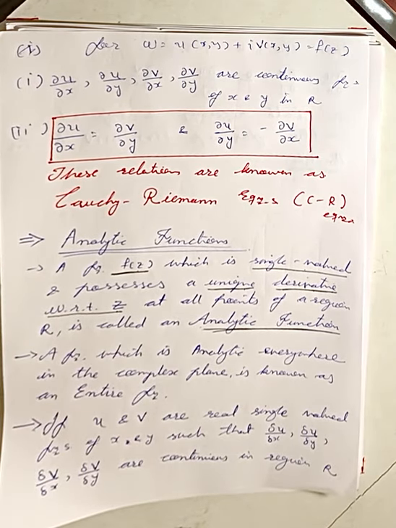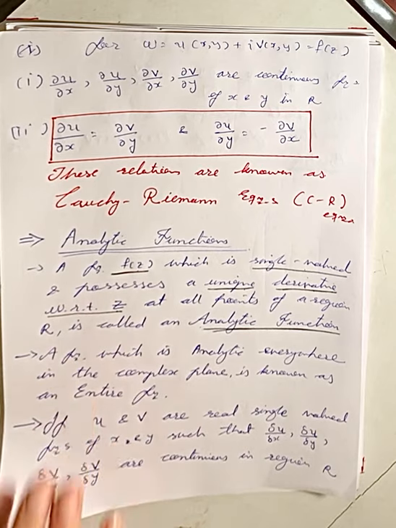These are very important notes to know, because they will be used in the next part when we solve the problems. There is at least one question in entrance exams in which you have to determine whether the given function is analytic or not. How will you know?